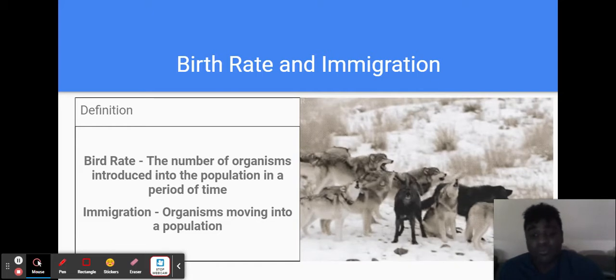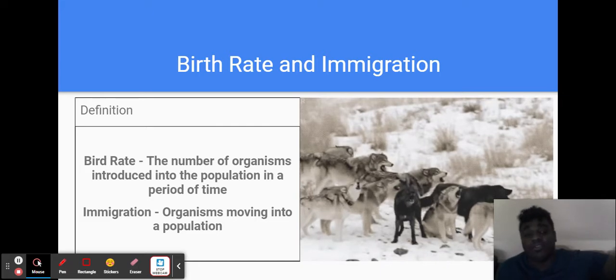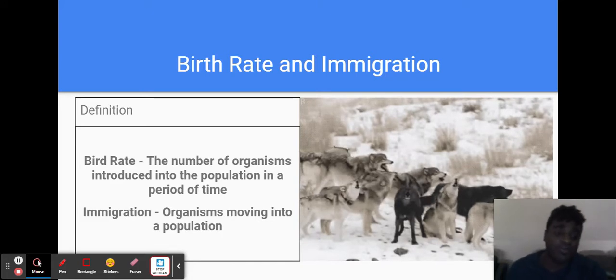Now, immigration is when organisms from a particular species move into a population. So a wolf from Washington moving into the wolf population of Nevada, right? So he's walked all the way from Washington to Nevada.